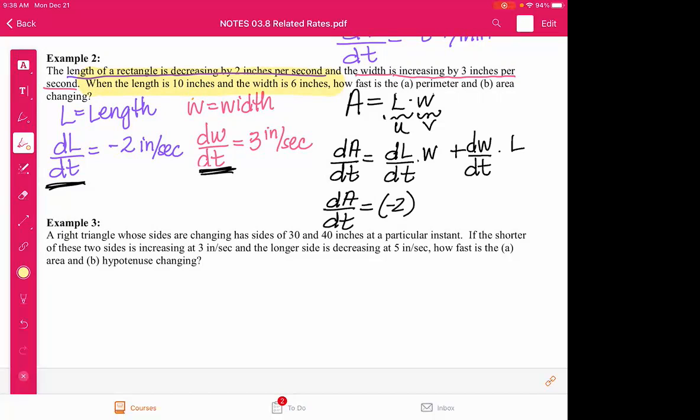With the length being 10 and the width being 6. So width is W, so that is 6 right there. Plus dW/dt is given to us, that was 3. And the length is 10. Any questions about that so far?